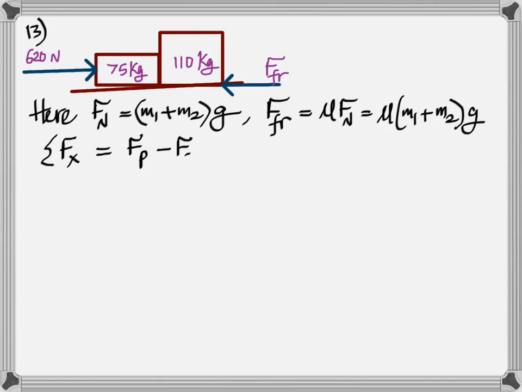So taking the force along the x-axis, you have the force of the push, which is 620, minus friction, is equal to mass times acceleration.